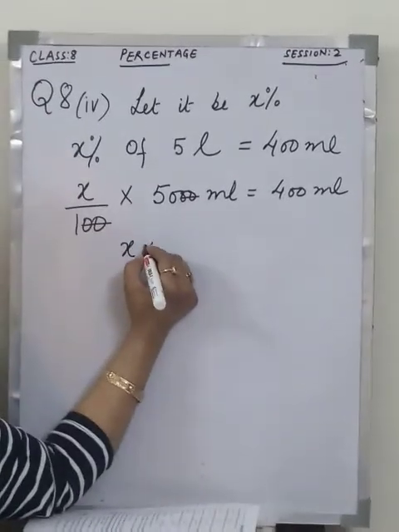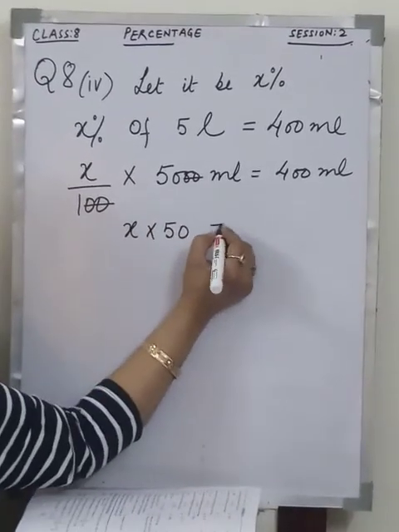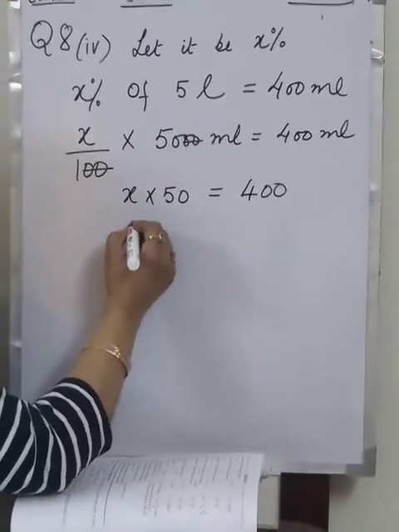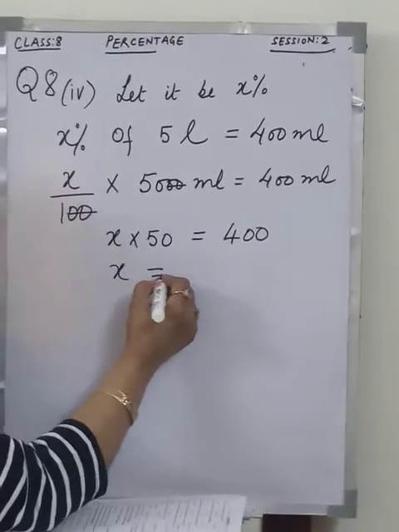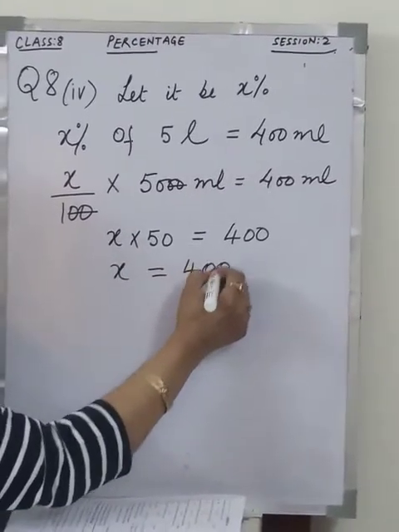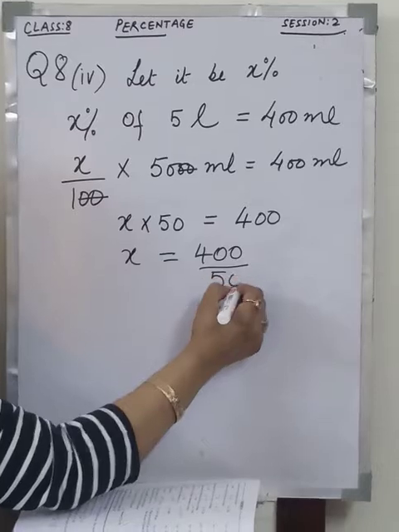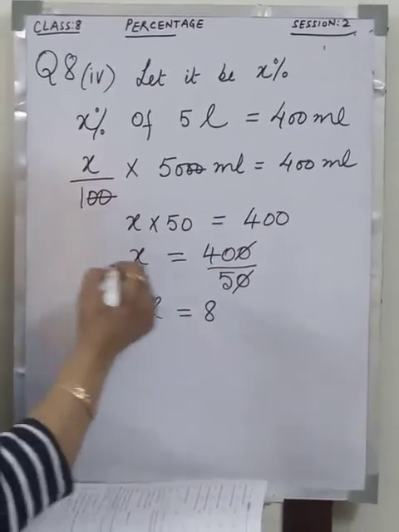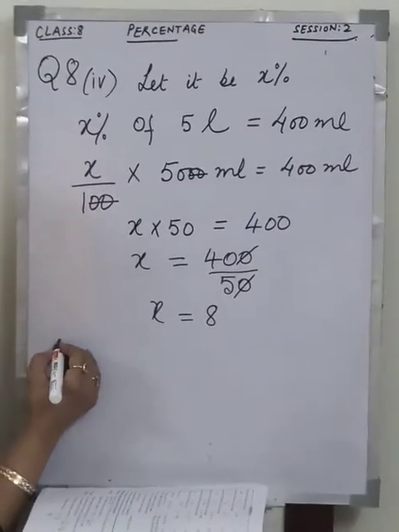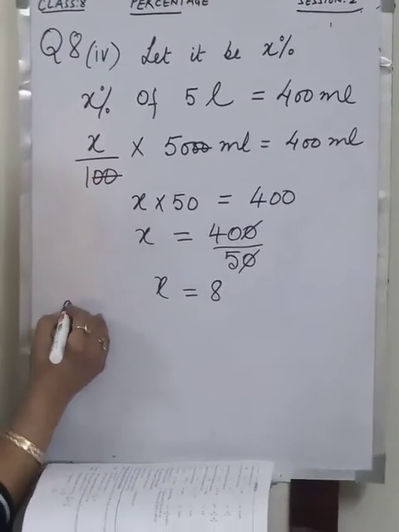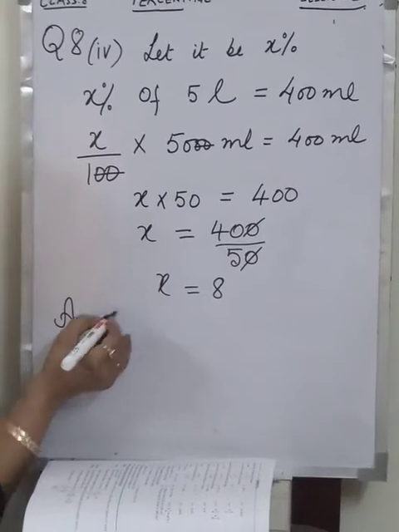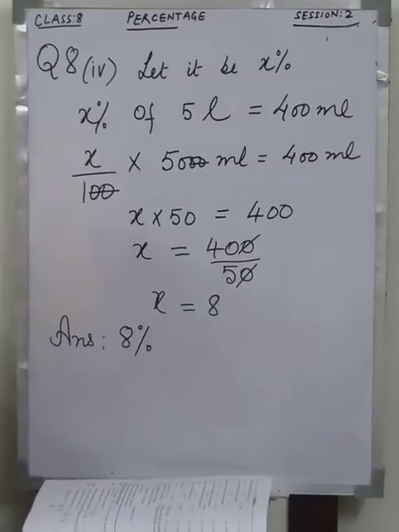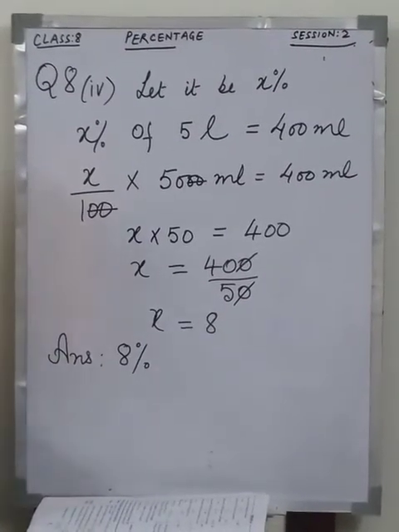What we are left with: x into 50 is equal to 400. 400 upon 50, x is equal to 8. 5 eights are 40. What was the question? What percent? So we need the answer in percent form. Answer is 8%. Got it, children?